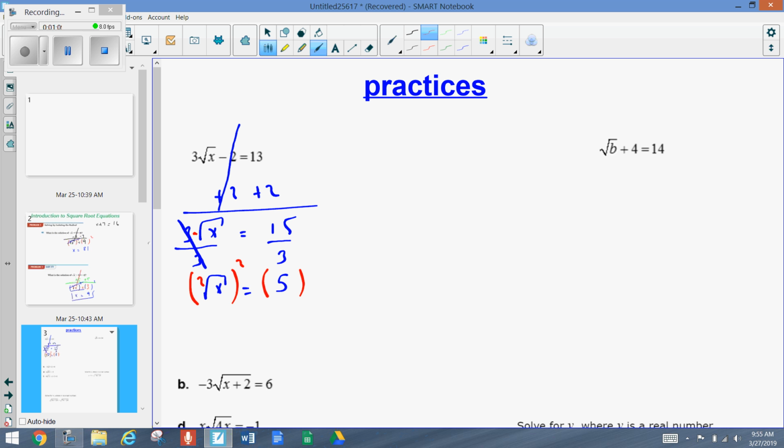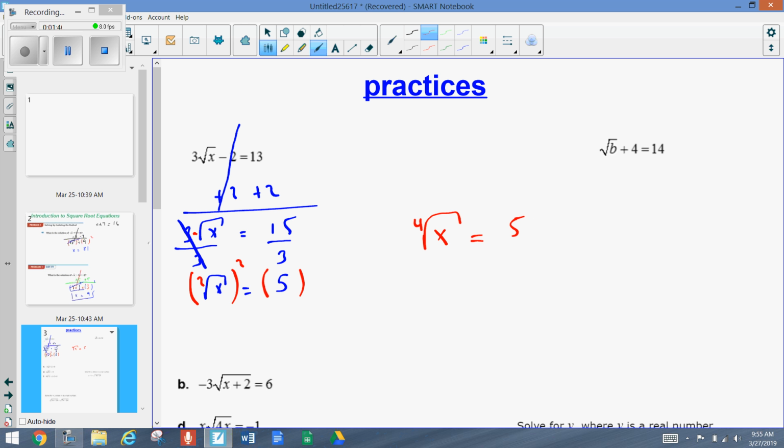Okay? What if I would get something like this? What should I do here? How to get rid of that radical sign here? Think about it.